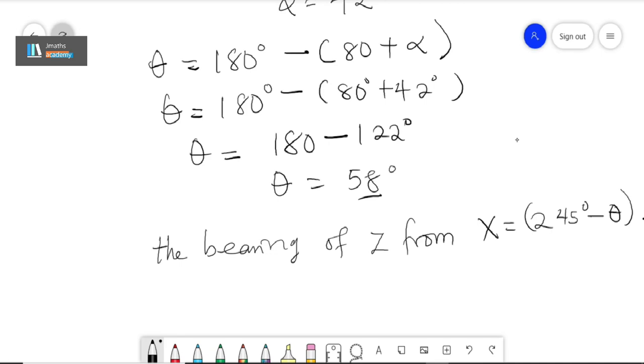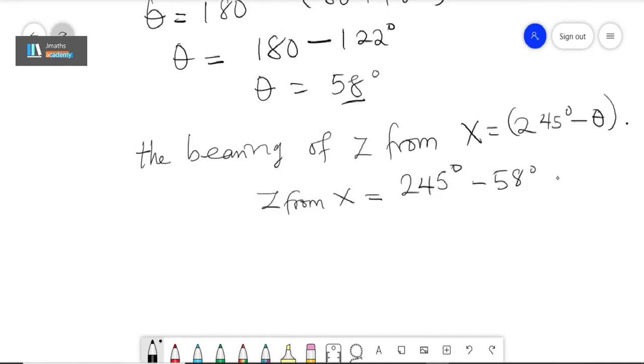Since our theta is now 58 degrees, the bearing of z from x is equal to 245 degrees minus 58 degrees. So our final answer is 187 degrees. So this is the bearing of z from x.